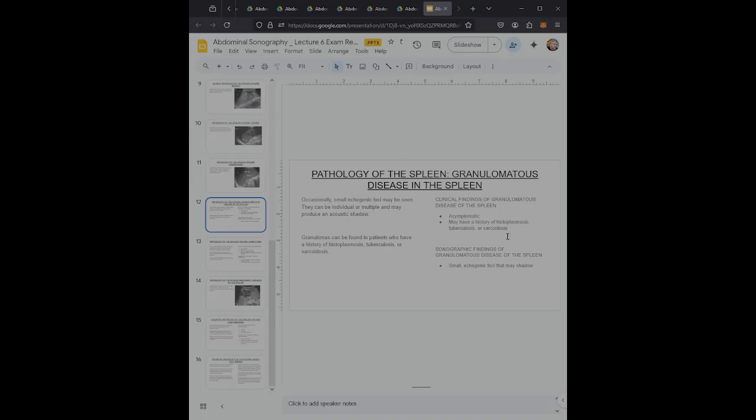While granulomas tend to be small, large calcifications may result from the resolution of splenic hematomas. Clinically, granulomatous disease is seen in patients who have histories of histoplasmosis, tuberculosis, or sarcoidosis. Sonographically, we see small echogenic foci that may shadow.